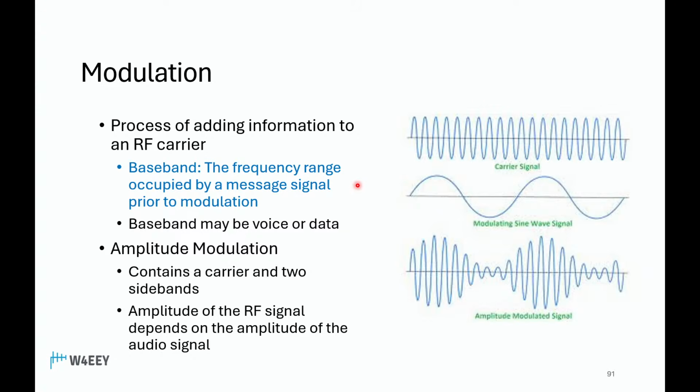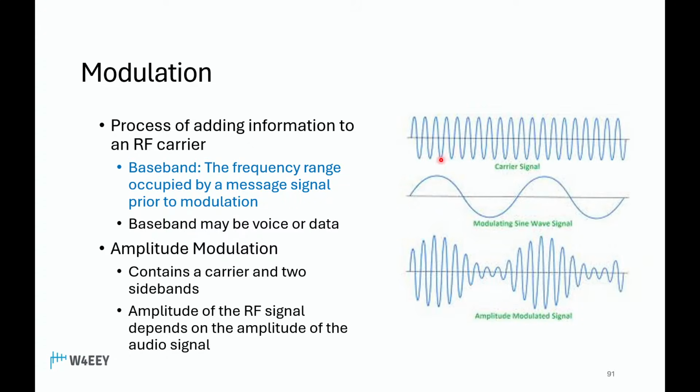And then there's kind of an oddball concept here that comes up more in microwave systems than it does in single sideband and CW. But baseband is the frequency range occupied by a message signal prior to modulation. So that would be the audio. In the case of single sideband, that would usually be the frequencies of 30 to 3,000 or up to 3 kilohertz, the audio band.